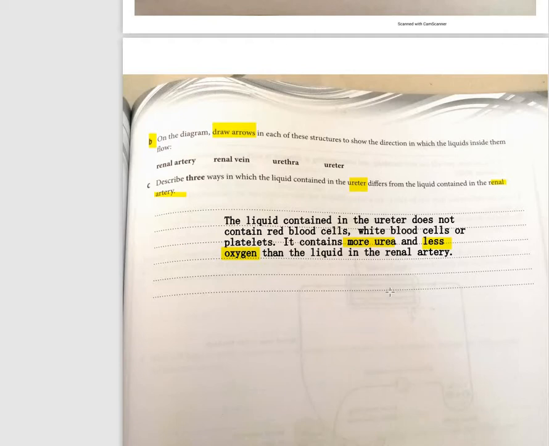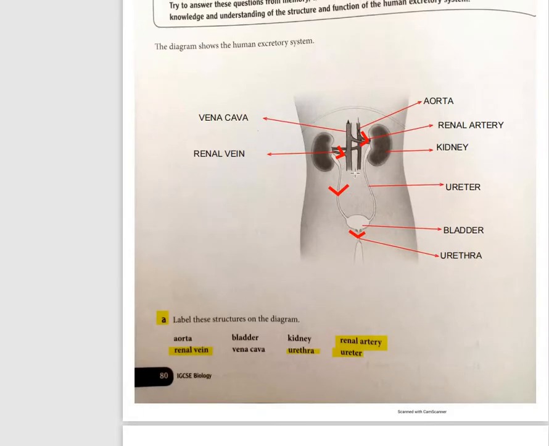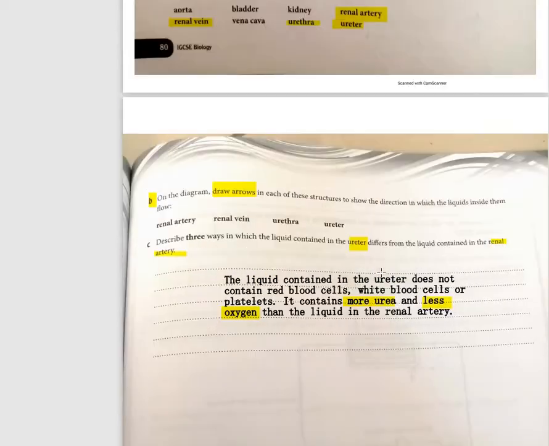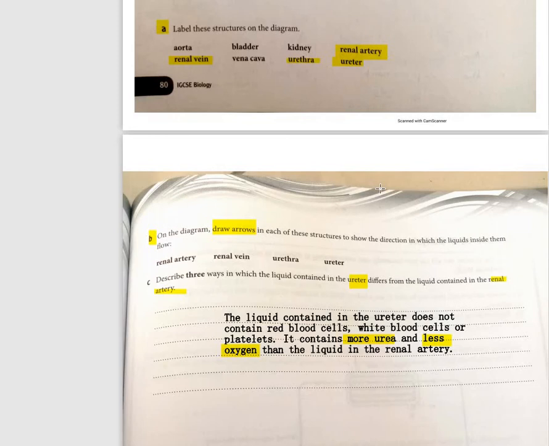The liquid contained in the ureter, which is the liquid in this part of the tube, does not contain red blood cells, white blood cells, or the platelets. It doesn't contain any of these. But the ureter contains more urea and less oxygen than the liquid in the renal artery, because in the renal artery you have all the substances together, the waste products as well as the essential products such as glucose.